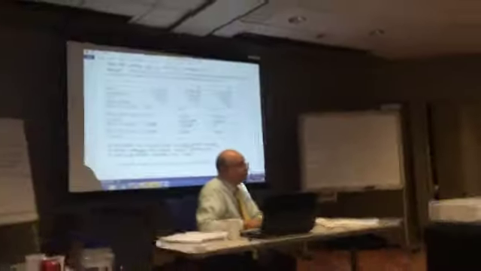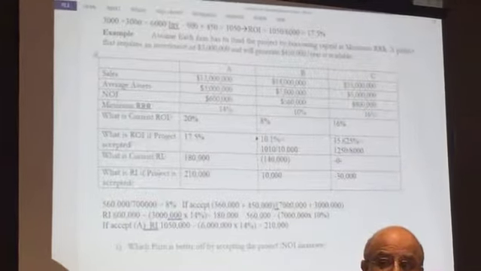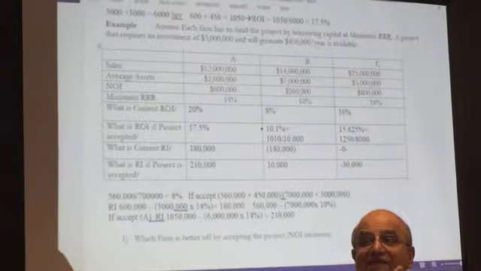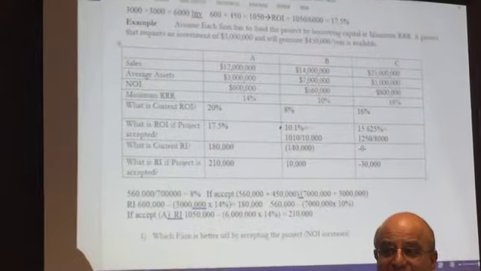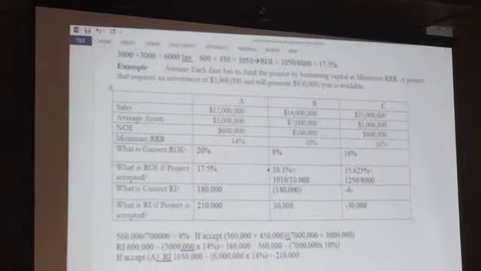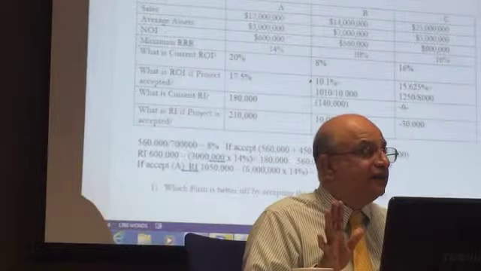This is the key point. I can go to the bank, borrow at 14%, and make 15% on this project. So I'm making money, I'm borrowing from the bank at 14% and generating 15%. Everybody okay with that?